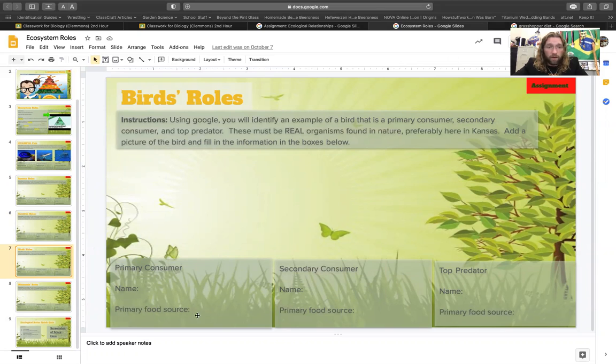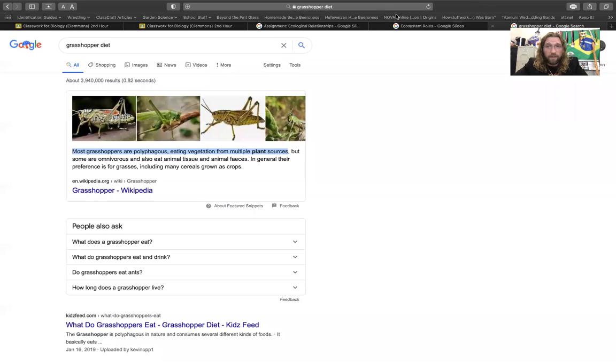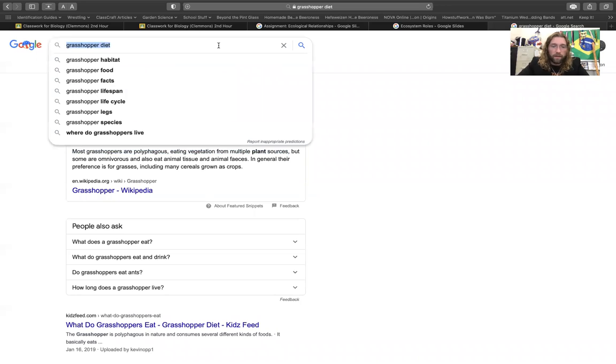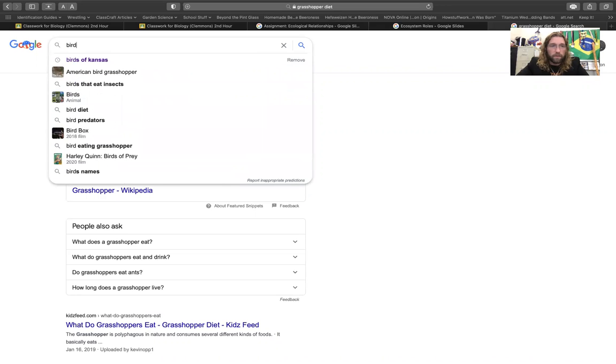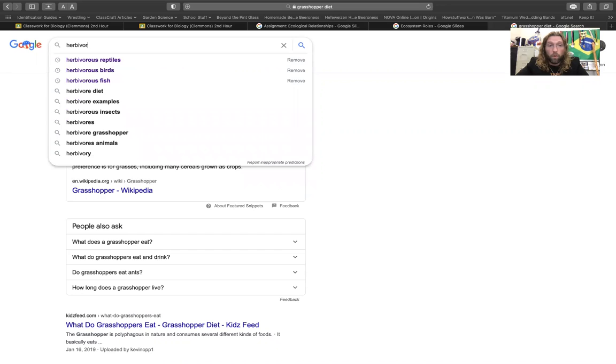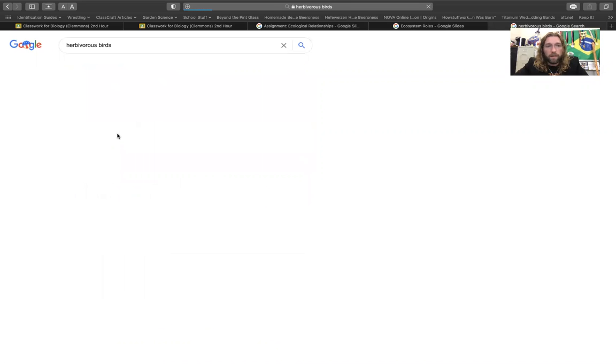It's going to be very hard to find a lot of examples of primary consumers that are birds because most birds are omnivorous. Most birds eat insects as well as plant material. But there's a few out there that are actually primary consumers. In fact, if I come up here and type in herbivorous birds, and see what comes up.